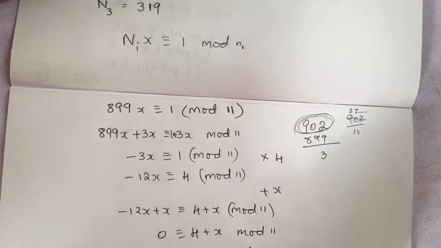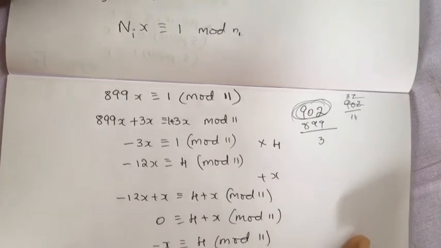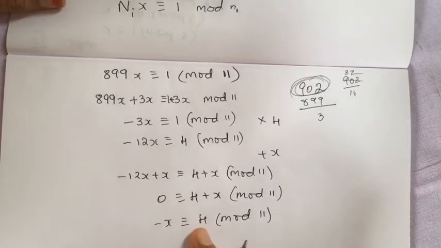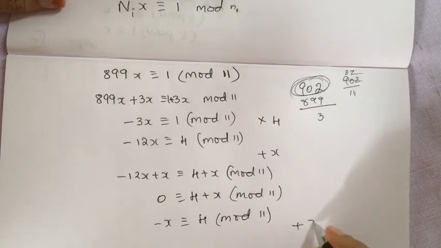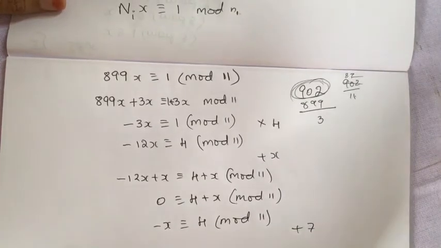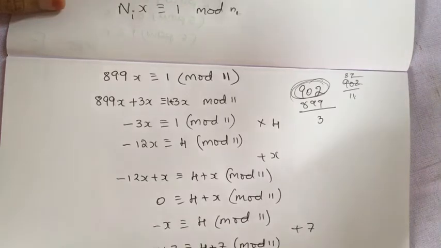Minus x is congruent to 4 mod 11. I want positive values, so if I add 7 to this, that is divisible by 11. So minus x plus 7 is congruent to 4 plus 7 mod 11. Now this is congruent to 0 mod 11.